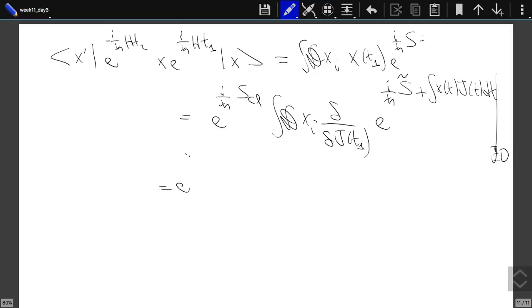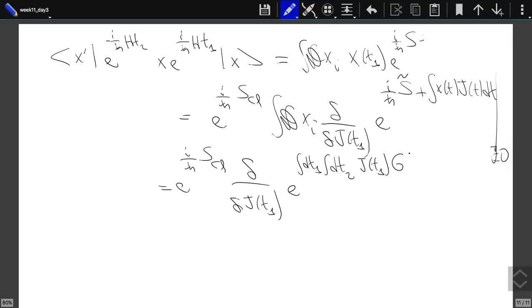Now this is equal to S classical t1 e to the power dt1 dt2 j of t1 G of t1 t2 j of t2, times 1 over 4.